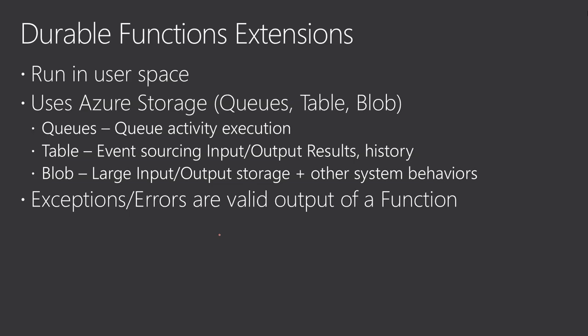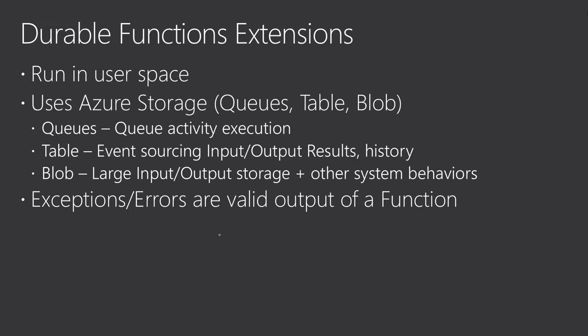Also, I talked a little bit about that, but it uses Azure Storage in the back. So whether you have a storage account as an emulator locally or on the cloud, you need that. You will need queues, you will need table, and you will need blob. The queues are used for all the activity execution. So every time you're doing a call activity async, or call sub-orchestrator, that goes through the queues.